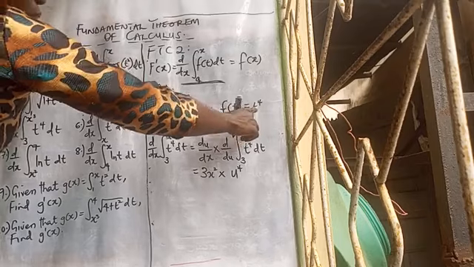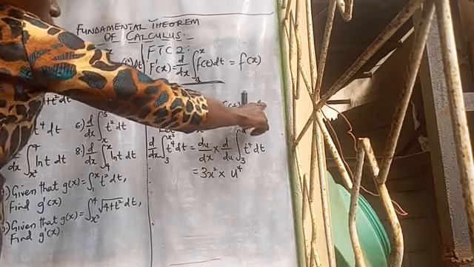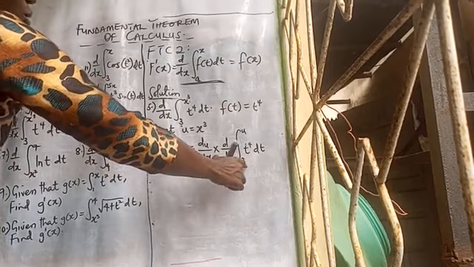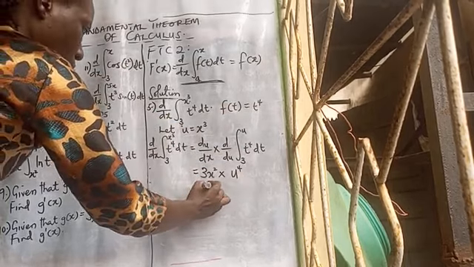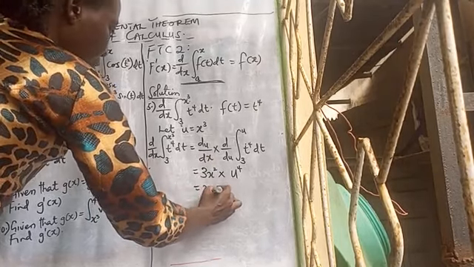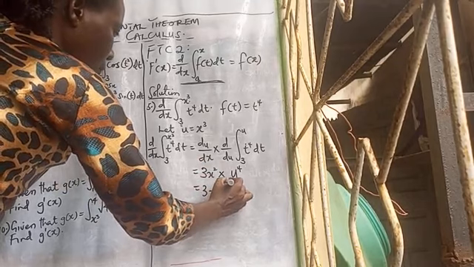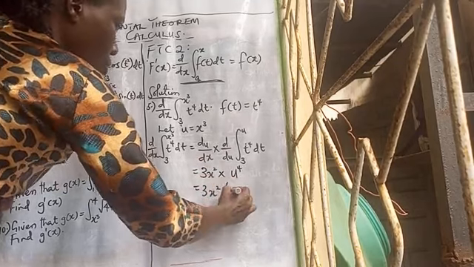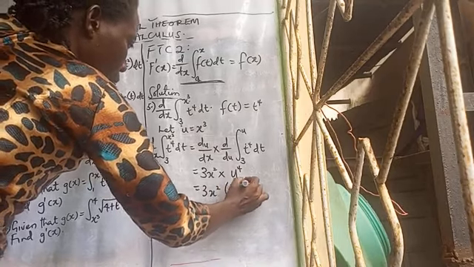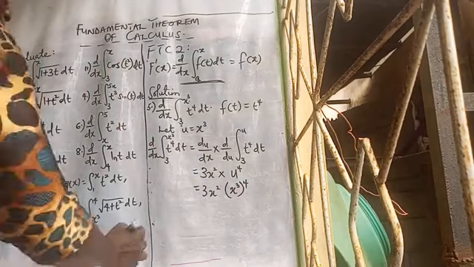f of t is what? t raised to power 4. So f of u also will be u raised to power 4. And that gives us 3x squared times, what's our u? x cubed all to power 4.